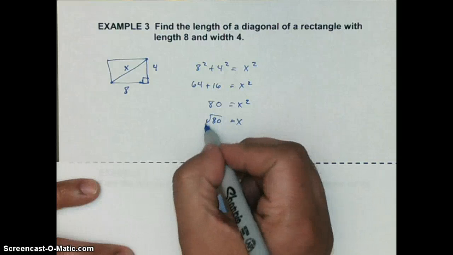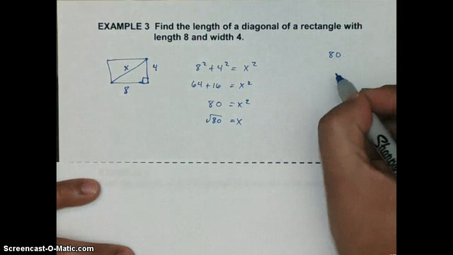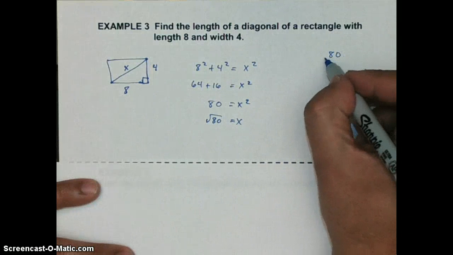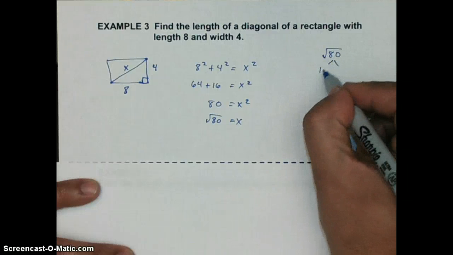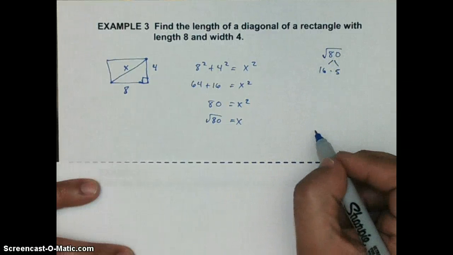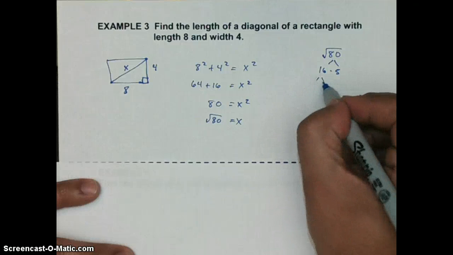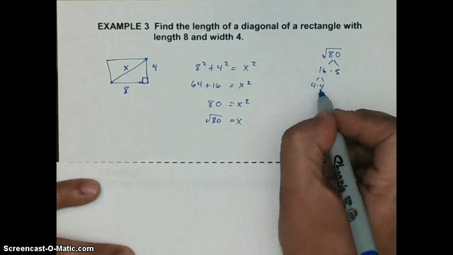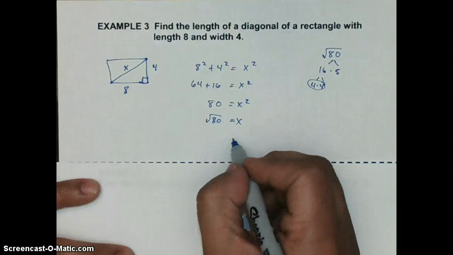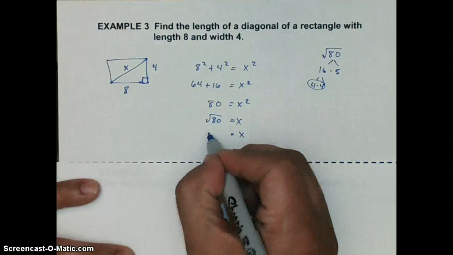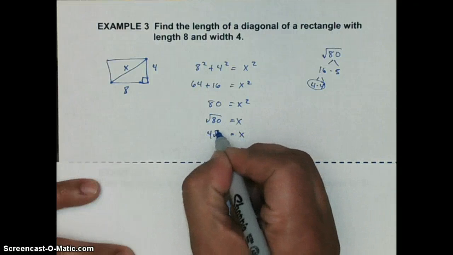Again, I want to see if I can simplify this. I would factor this into 16 times 5, and 16 would be 4 and 4. So there's a pair, and this would equal 4 square root of 5.